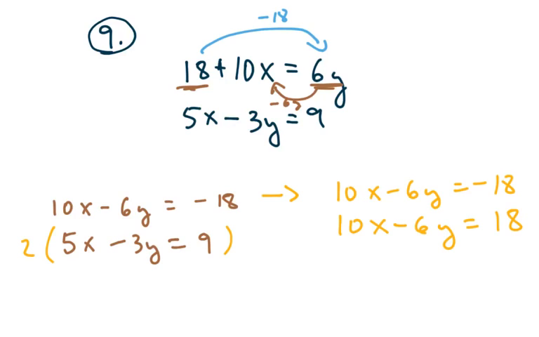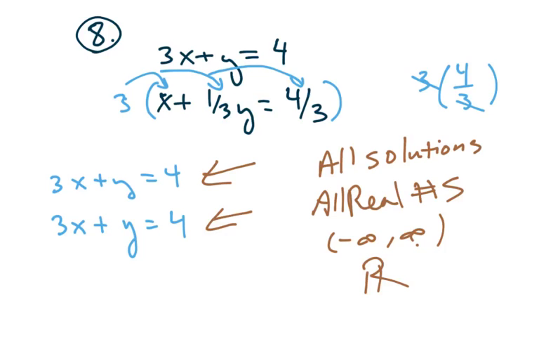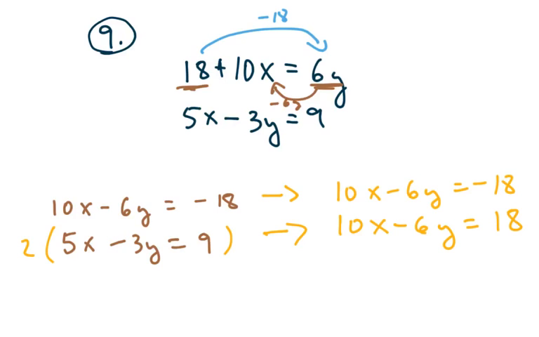Now, be careful here, because it's very easy to follow through with what we did on the past one and say, hey, the answer is everything, right? It's all real numbers, it's all solutions, it's negative infinity to infinity. But the equations are not the same. The top one is negative and the bottom one is positive.